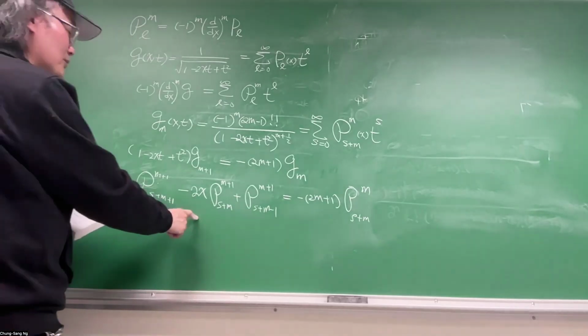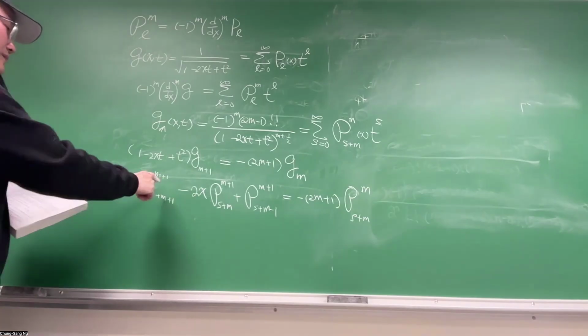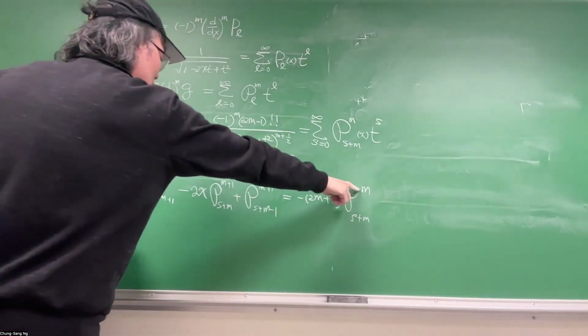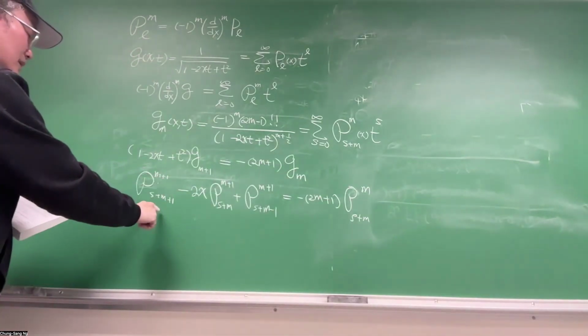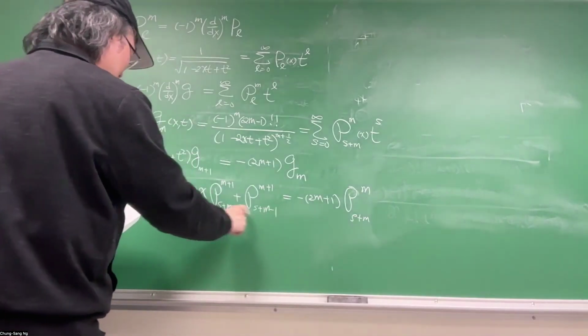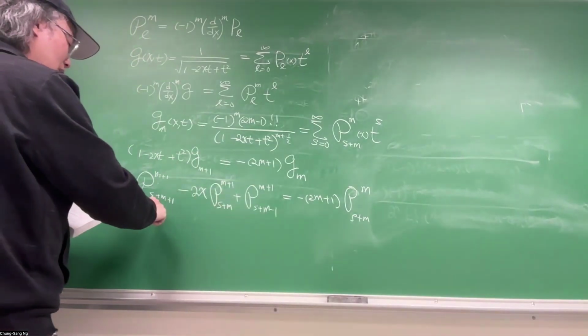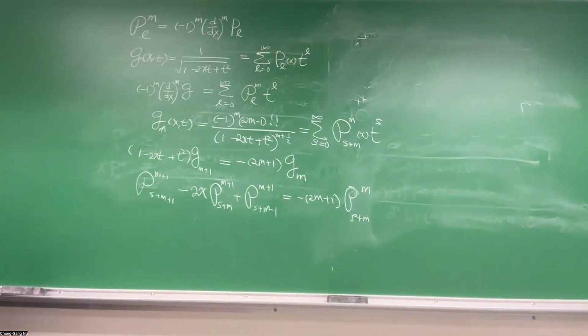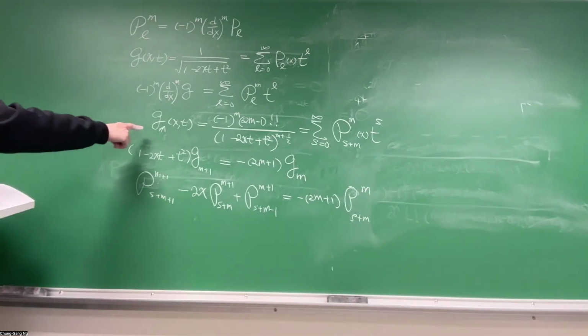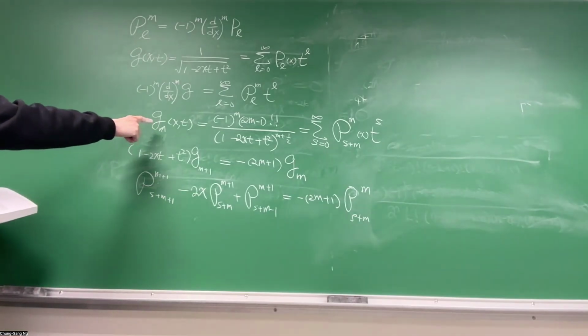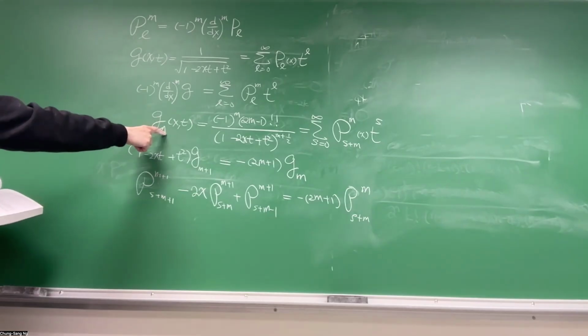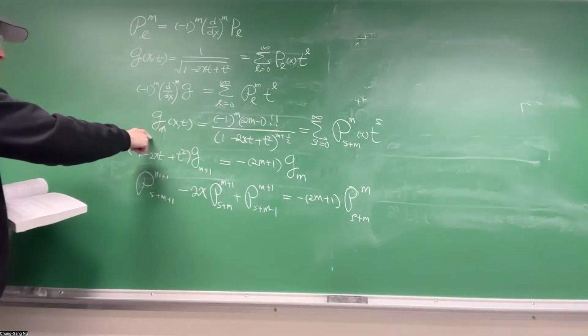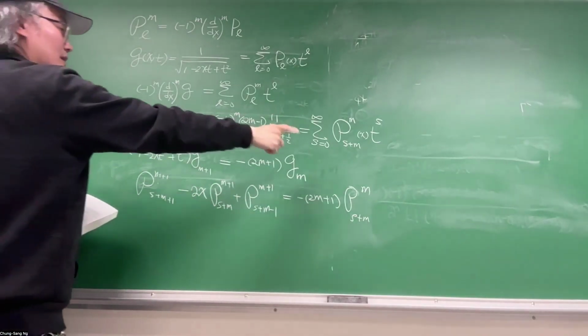So this recurrence formula involves changing the m, the superscript shifts by 1, and then the subscript involves plus 1 and minus 1. So that's an extra recurrence formula other than the two recurrence formulas coming from taking a t derivative of this one on both sides, and then taking an x derivative on both sides.